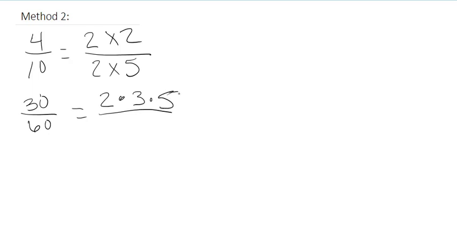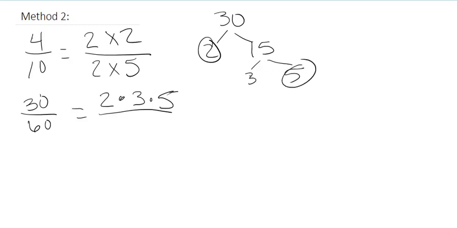And if you're unsure how this kind of works, remember we can do our factor tree here too. So 30, so 2, which then becomes 15. We'll circle the 2 because it's a prime number. 15 now becomes 3 and 5. And then for 60, we can just think of it as one more branch, essentially.